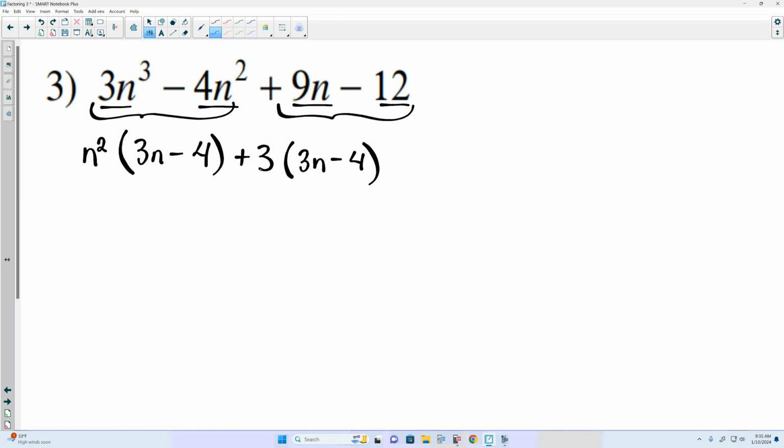The reason I say plus is because, well, the 9n minus 12, the signs are already matching up, yes? The one with n is positive, the constant term is still negative, that's what we want. So we're pulling out a positive so the signs don't change. If the signs don't match, then there isn't one. It's not factorable.